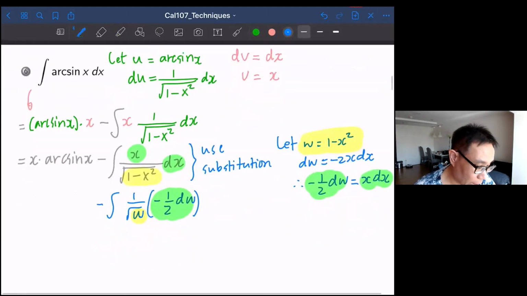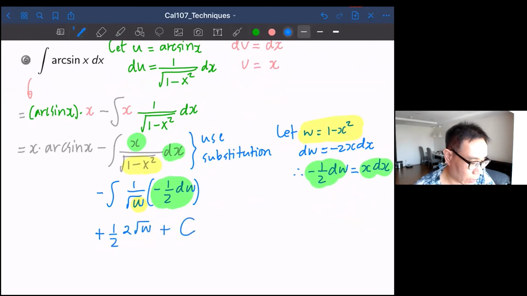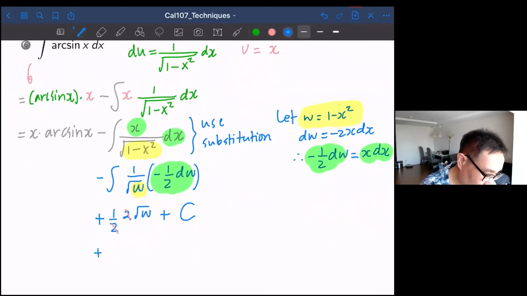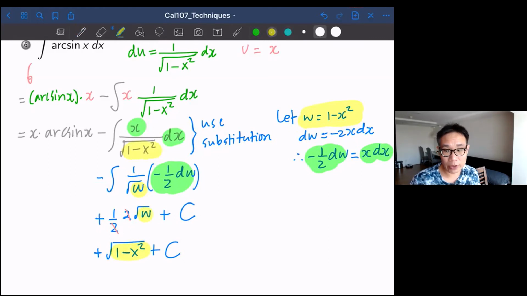Then you integrate this, and it becomes positive 1/2 times 2 root w plus c. The 2 and 2 cancel, so finally you get the square root of w, equal to 1 minus x squared, plus c. This one is the final answer, and you'll be able to find this integral.